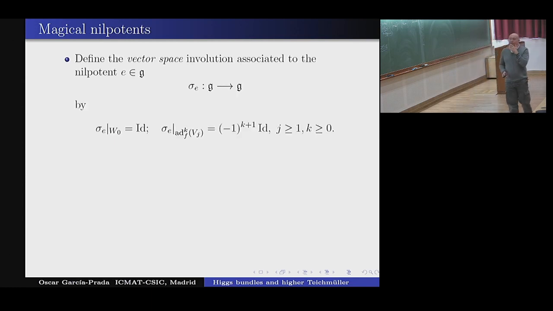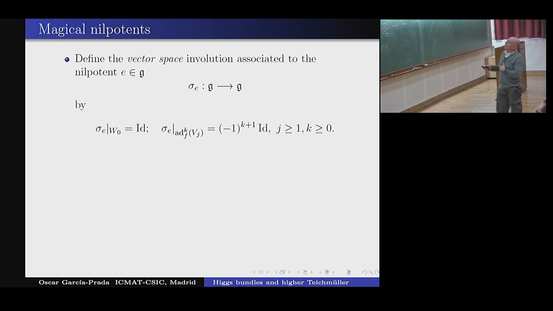Okay, so with these ingredients, here's the fact: you can define a vector space involution determined by this nilpotent. This is a complex involution from G to G, which is defined on W0 as the identity, and on the Vj's, excuse me, not on the Vj's but on the action of the different powers of F on Vj, and this actually covers the whole Lie algebra.